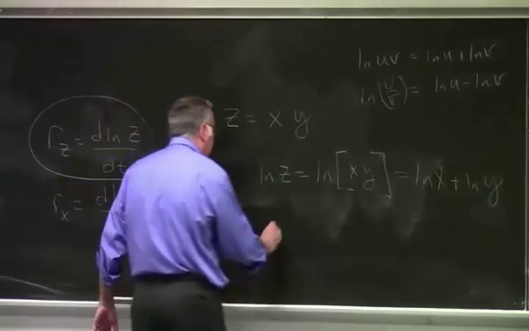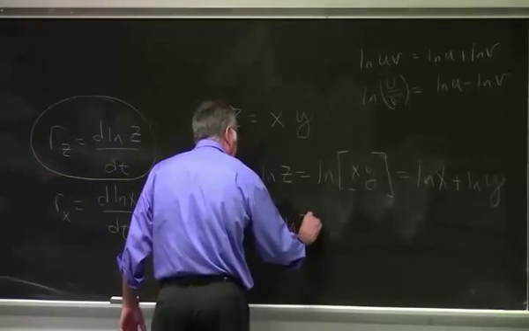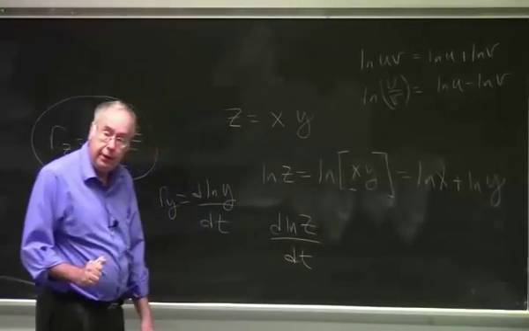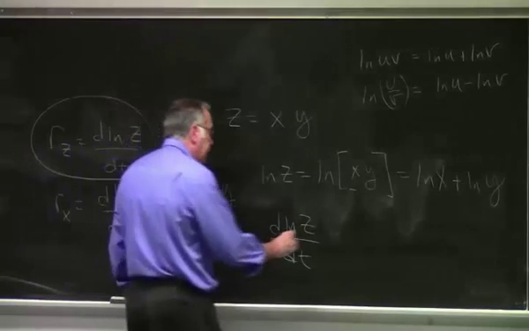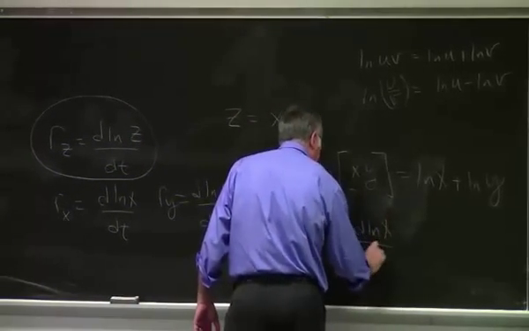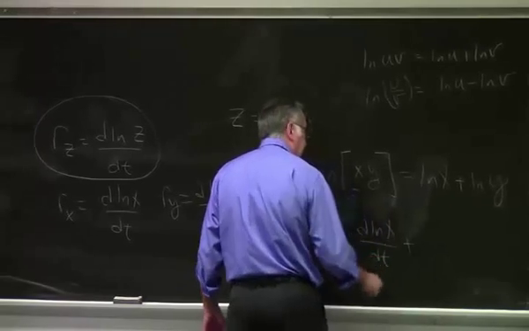And then we'll get d log z dt, which is by definition the growth rate in variable z, is equal to d log x dt plus d log y dt.